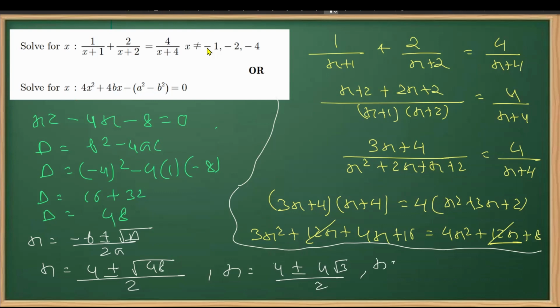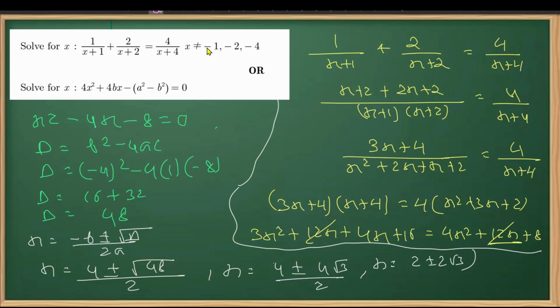I can see that I can take 2 common from here and cancel with this 2. So that will be 2 plus minus, taking 2 common from here as well, 2 plus root 3, and it cancels with this 2. This is what you get after simplifying.